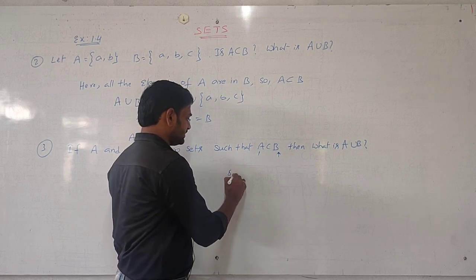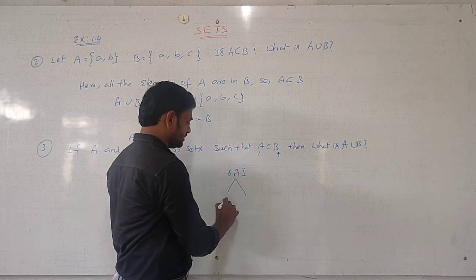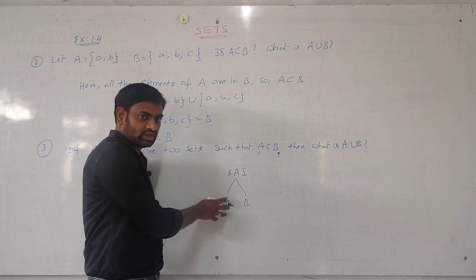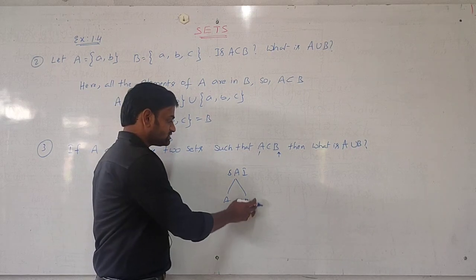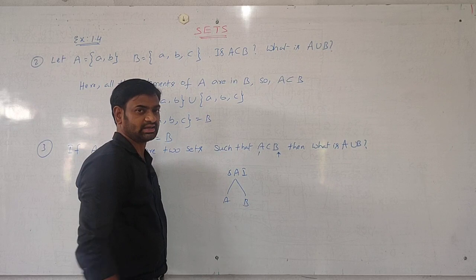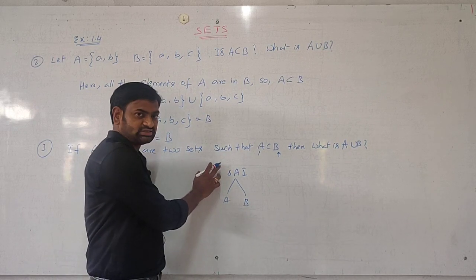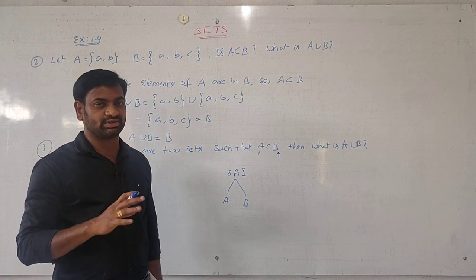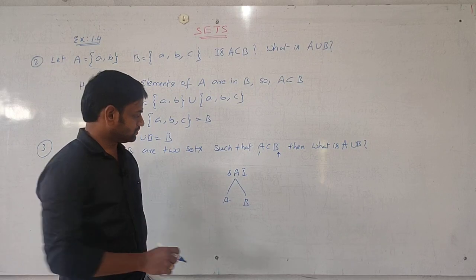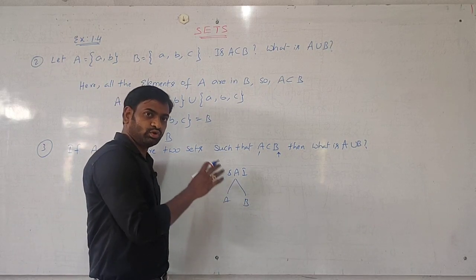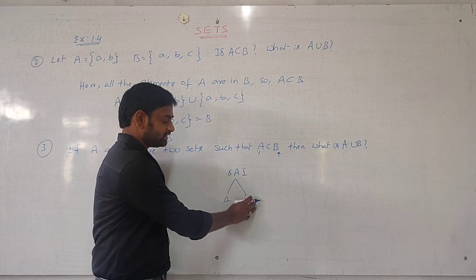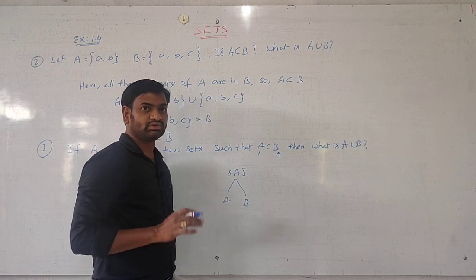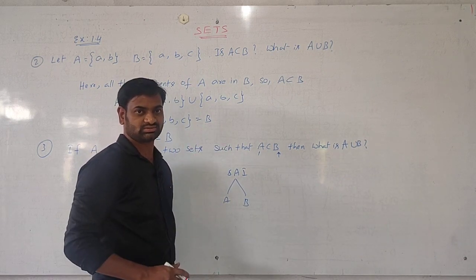Suppose in the Sai college, two sections are there, A and B. All the students of section A are in Sai Niketan. All the students of section B are in Sai Niketan. So there are three sets now. Which is the big set? A contains only section A students. B contains only section B students. But Sai Niketan college has section A as well as section B students.